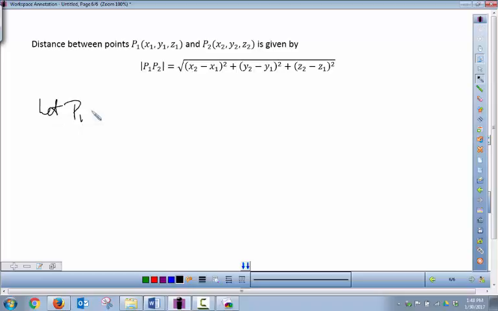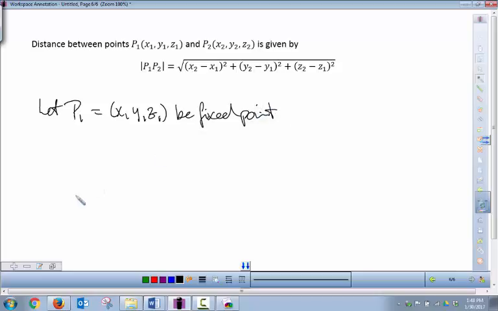Let P1 equal (x1, y1, z1) be fixed, and then let (x, y, z) be arbitrary points.